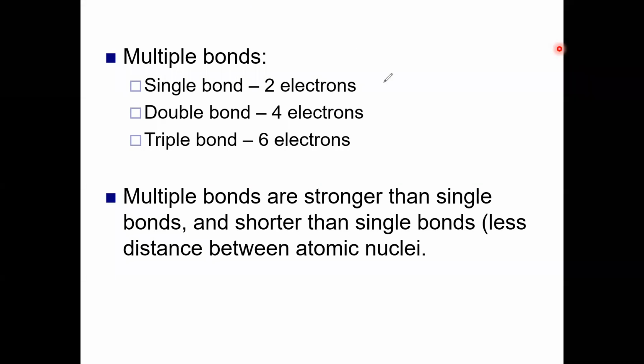So for a single bond, say between atoms X and Y, that represents 1, 2 electrons. A double bond between X and Y will represent 2 electrons in each one of our bonds, so that's 1, 2, 3, and 4. So we have a total of 4 electrons here. And if we have a triple bond between atoms X and Y, we have 1, 2 in our first bond, 3, 4 in our second bond, and 5, 6 in our third bond.